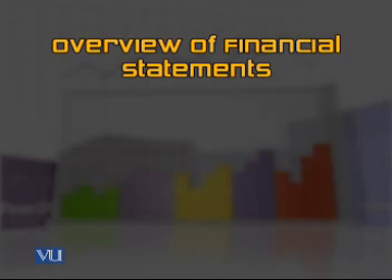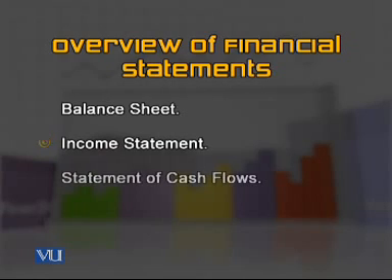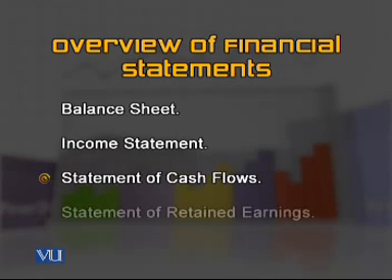Now, while we're talking about the overview of financial statements, we are generally referring to three basic components: the balance sheet, the income statement, and the statement of cash flows. Sometimes, but not always, people include another statement as a fourth component called the statement of retained earnings.